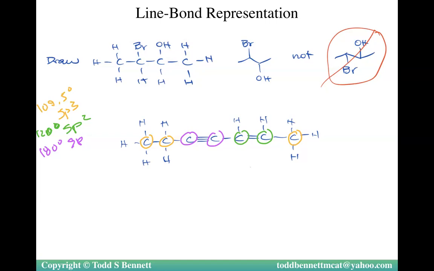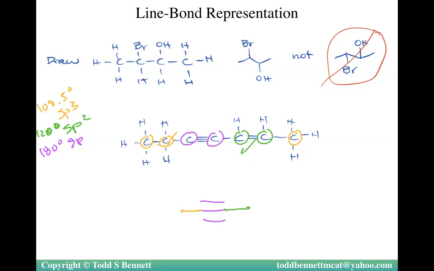So I'm going to start with this represented bond right here. I'm going to draw it in purple just to make sure I get this right. So carbon, carbon, carbon is now going to just turn into a triple bond. Connected to that will be this one carbon right here, and then this carbon right here.